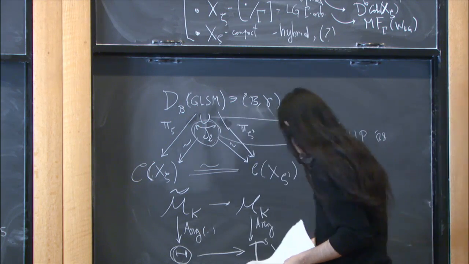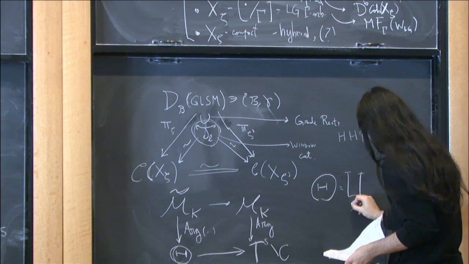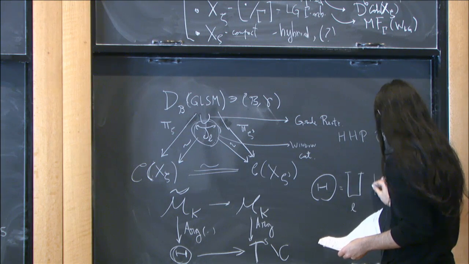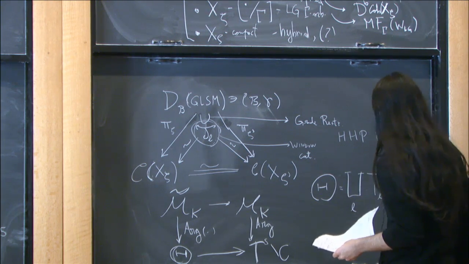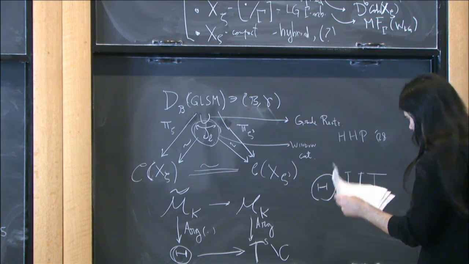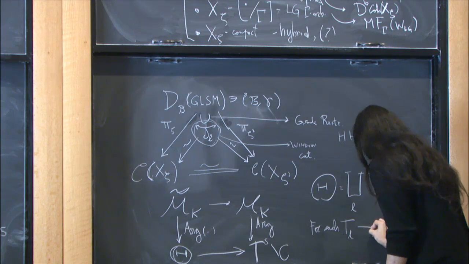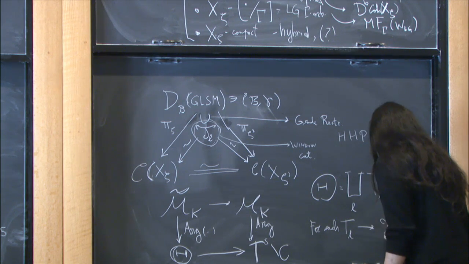This theta will have a chamber structure with regions, which I can call theta_L. And the picture is that for each theta_L, I can associate a window category.